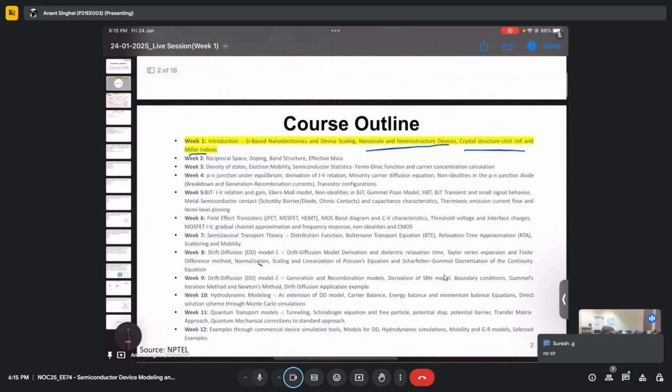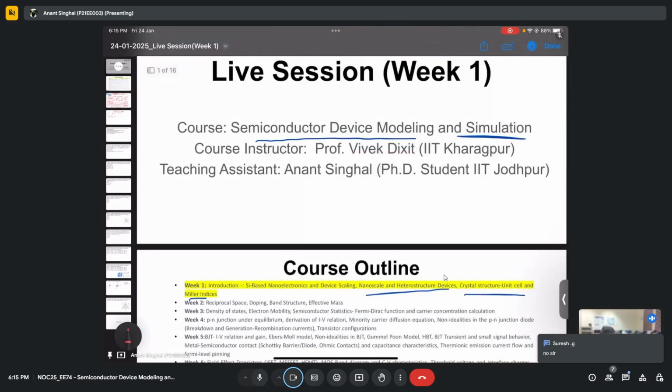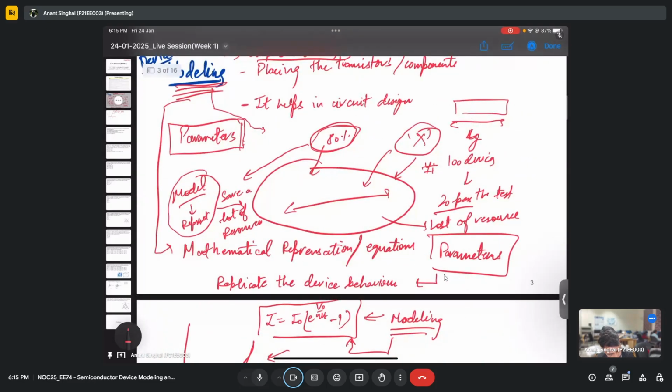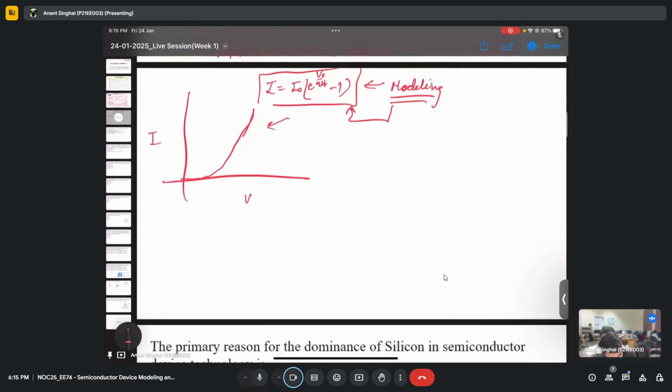So in this particular course, we'll be talking about device modeling. As I said, modeling is mathematical representation. Even if I talk about a MOSFET, let's say, which looks something like this, with N plus and N plus as source and drain, and this is some oxide, and this is the gate.